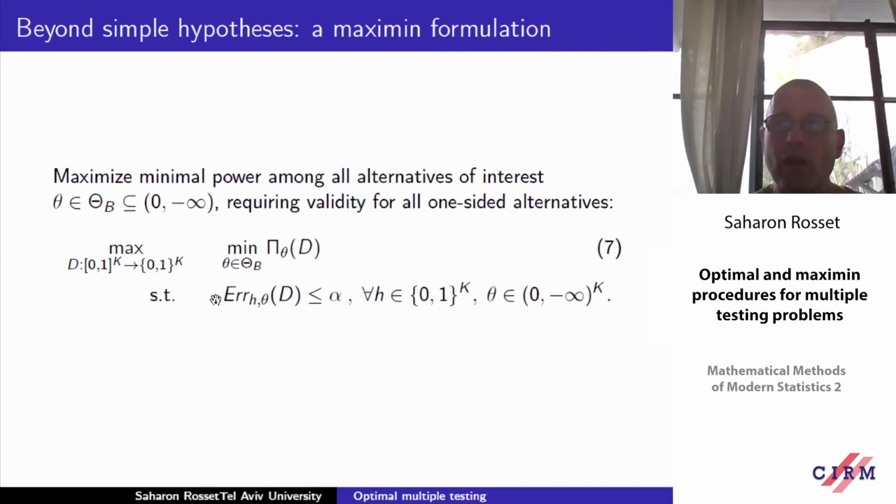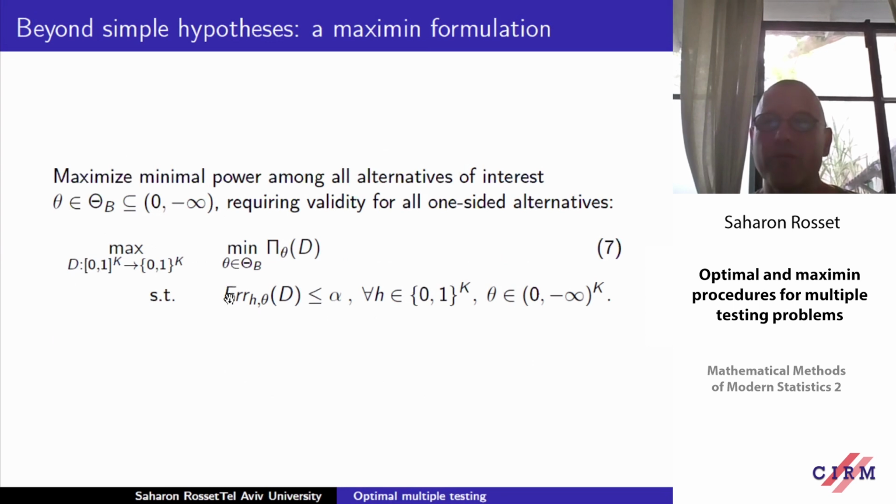In particular, we want our error control to be strong control. Strong control means for all possible vectors H, for all worlds, but also for all possible vectors theta, where theta is a k-dimensional vector of parameters under a one-sided alternative to the null.